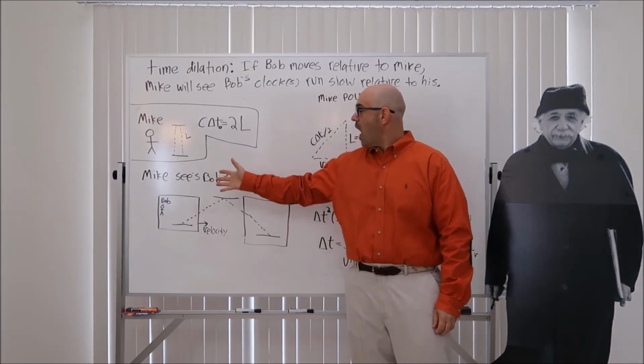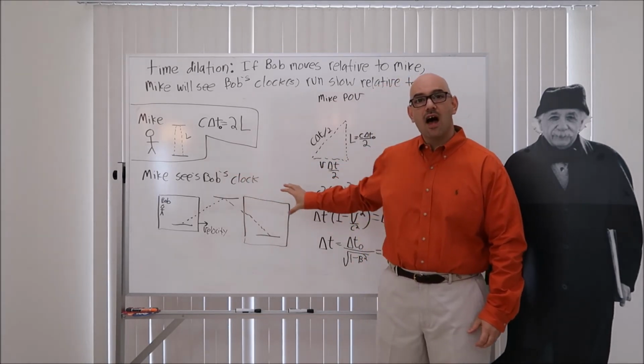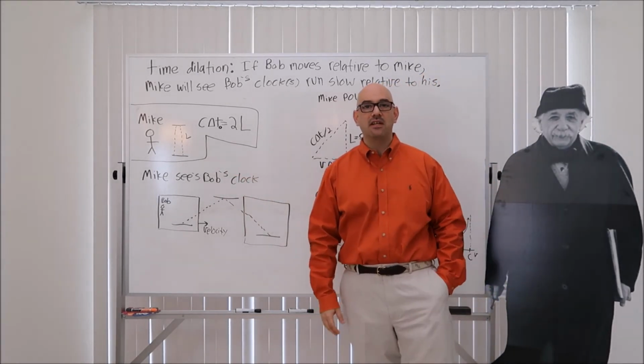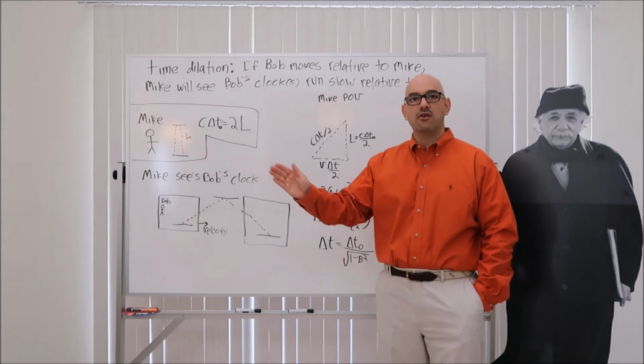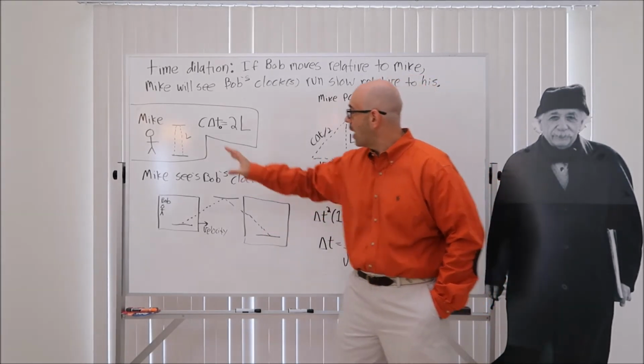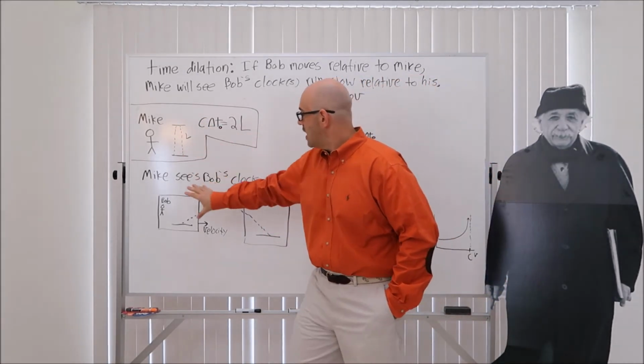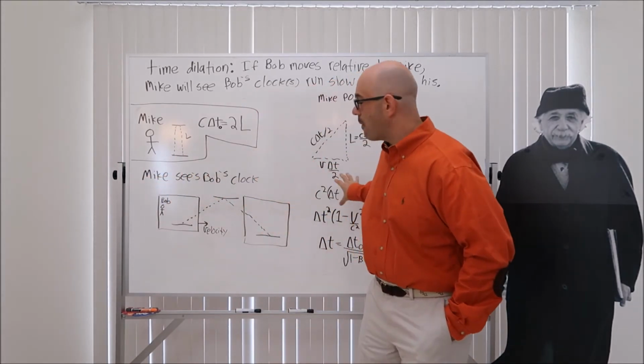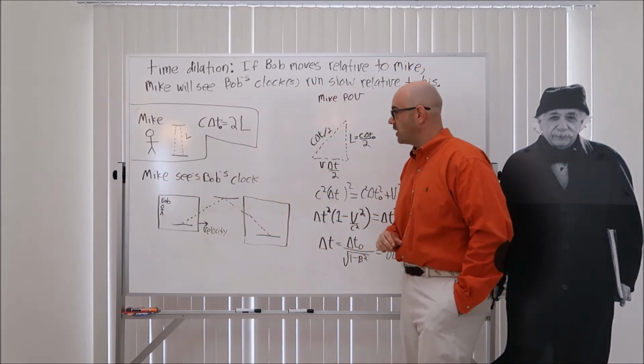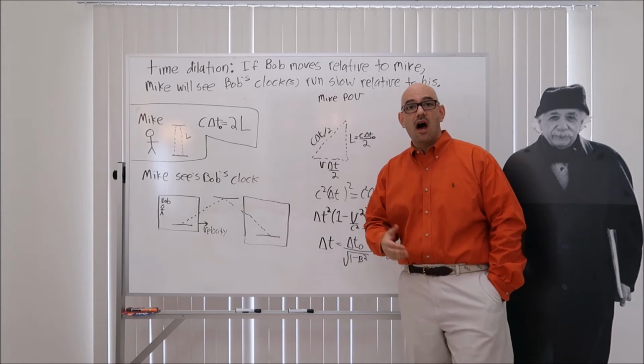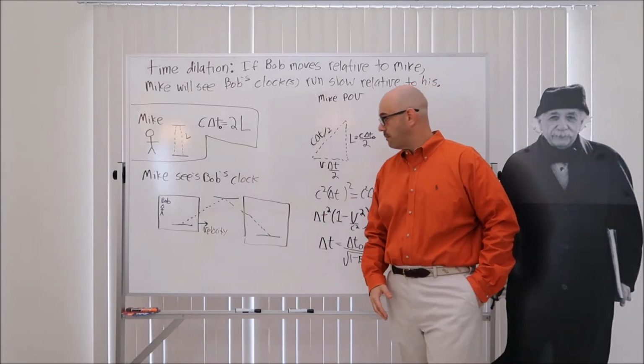So now, Bob is moving at some velocity relative to Mike. Bob is in a large spaceship with a window on it, so Mike can look inside the window and see Bob. Here's Mike at rest. Here's Bob, who's flying by Mike in a spaceship at some velocity v. Now, Bob also has a light clock inside of his spaceship.